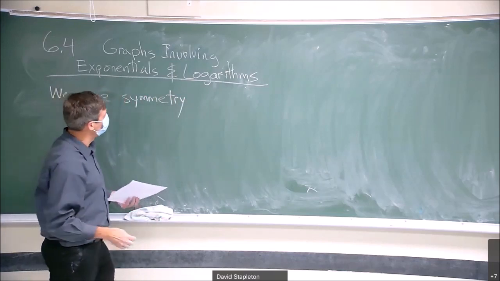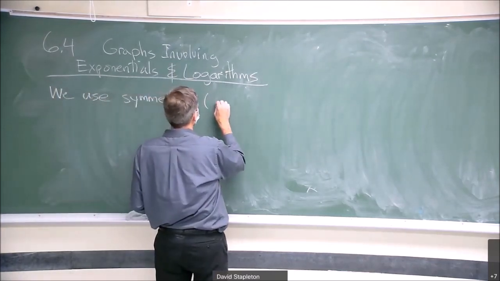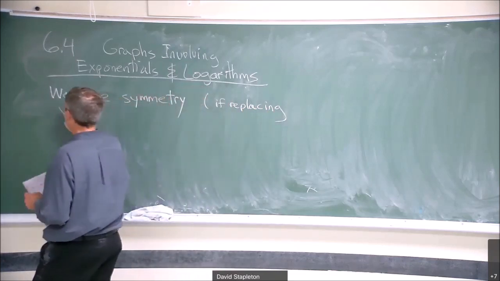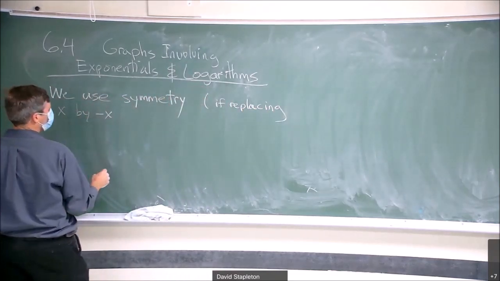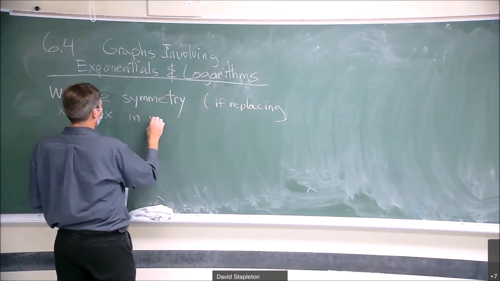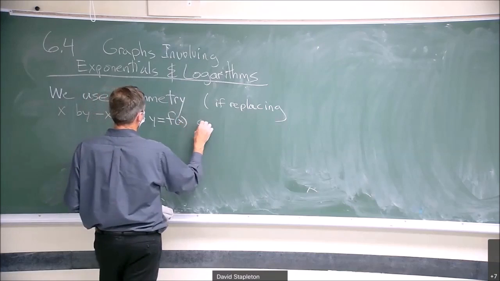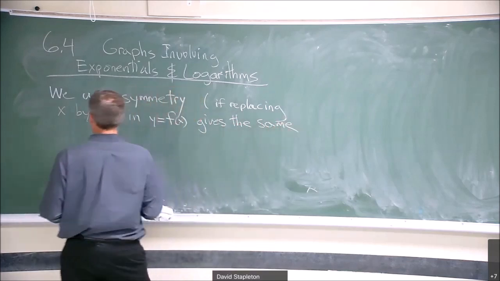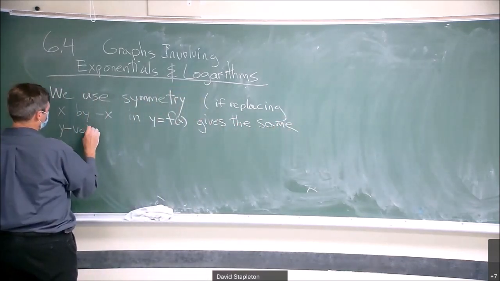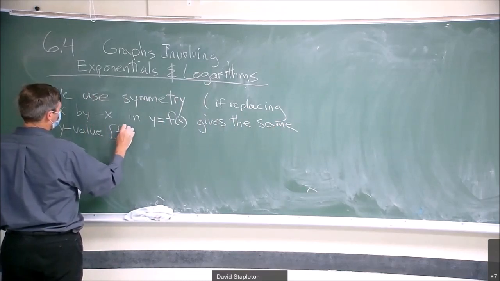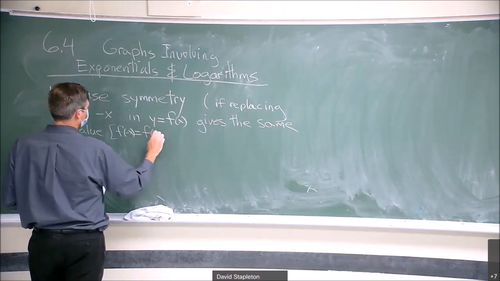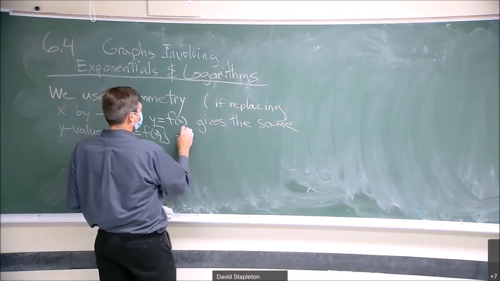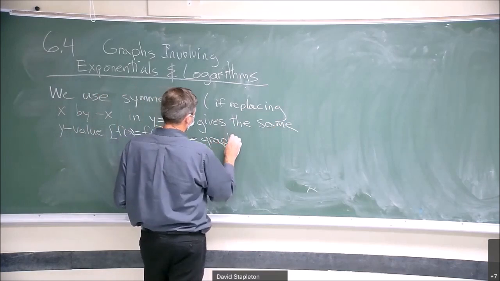If you go back to algebra, if replacing x by minus x in y equals f of x gives the same result, in other words, f of minus x equals f of x, then the function is even and it is called even. And the graph is symmetric over the y-axis.